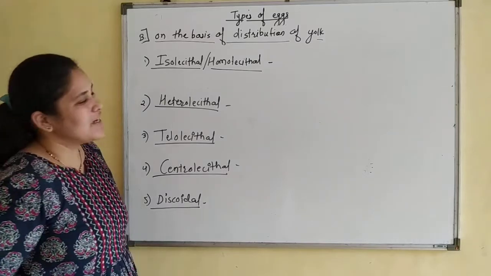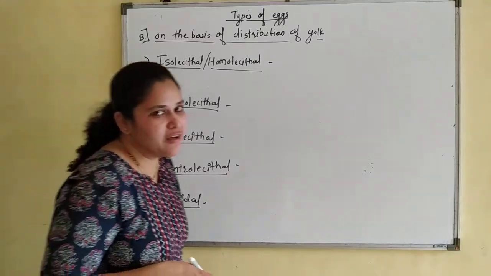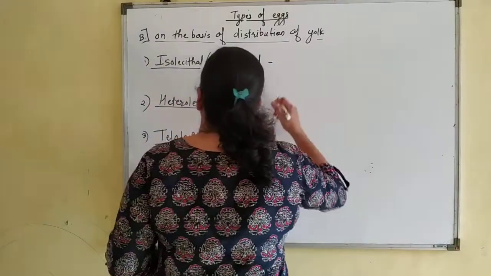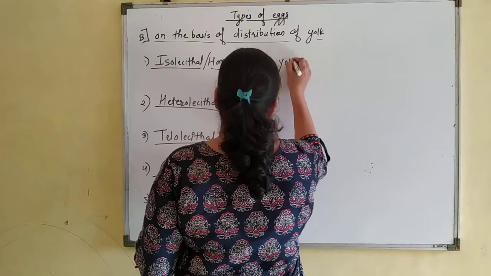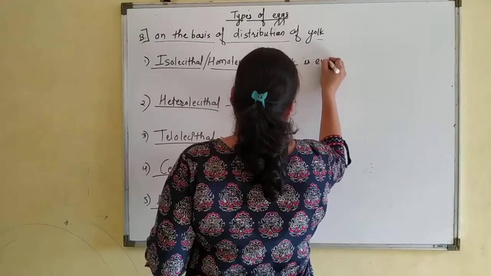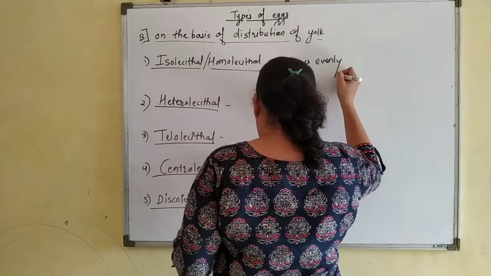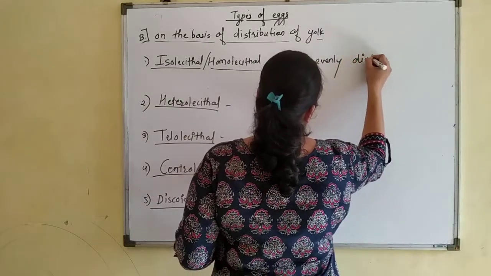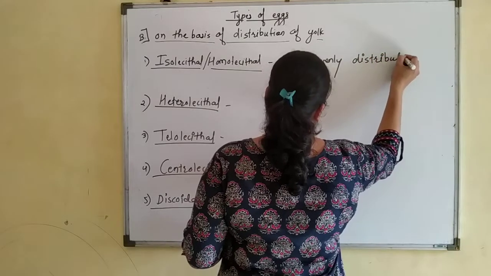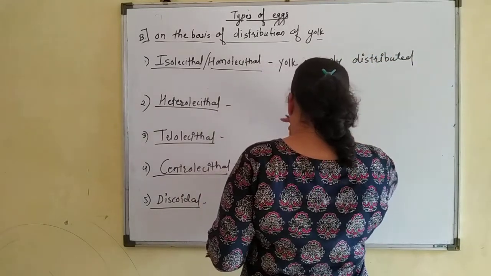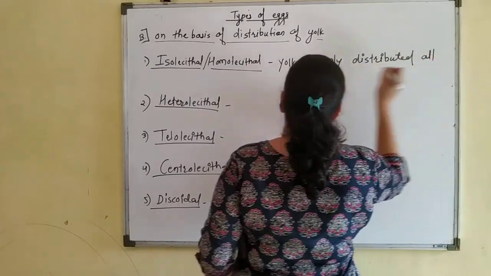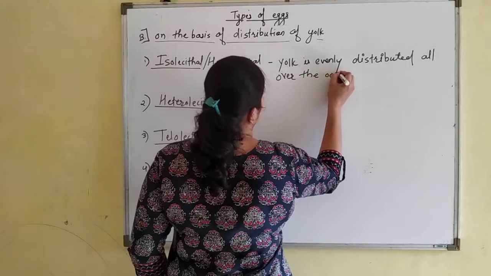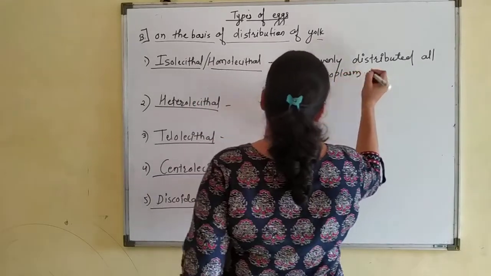Okay, first one, iso or homo. From the name only we recognize the yolk is evenly distributed. So isolecithal yolk is evenly or homogeneously distributed all over the ooplasm.